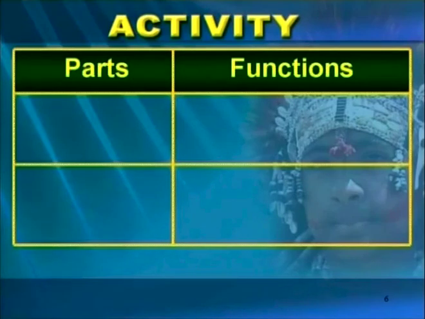While the model class is coming up to get the books, receiving students, for your activity you draw up the table, parts of the table, which is on the screen. You put one side on parts and then the other side on functions.